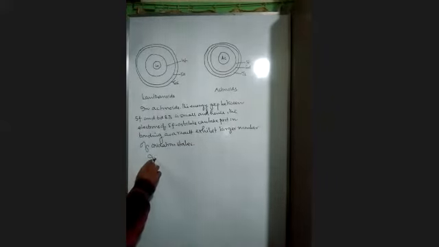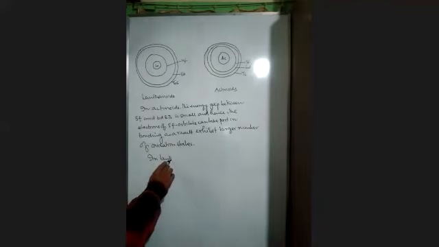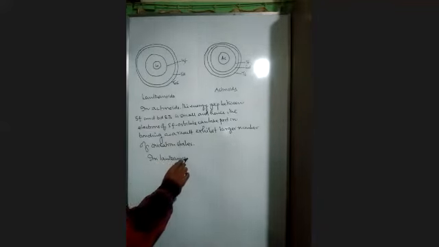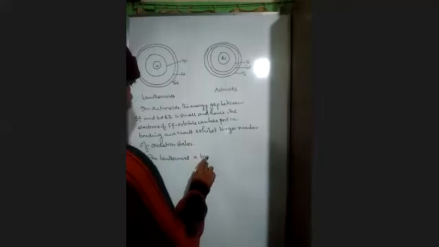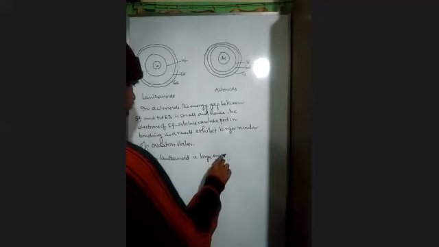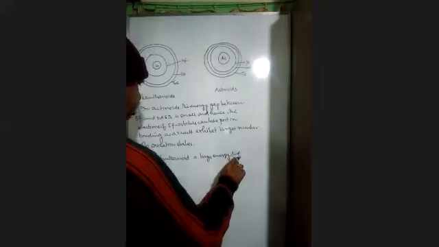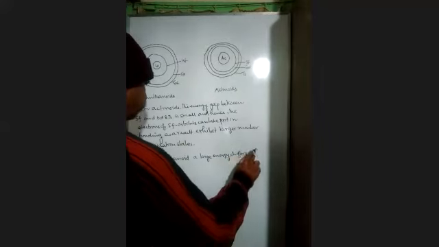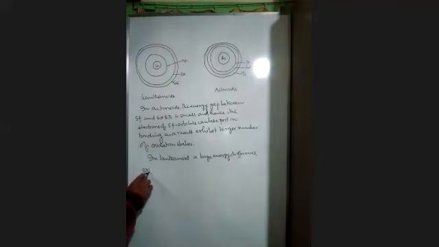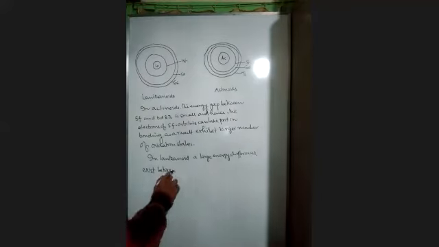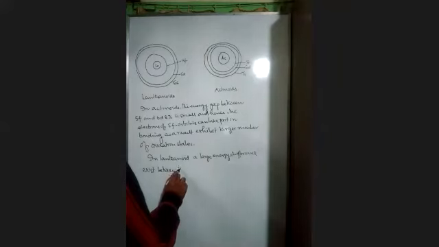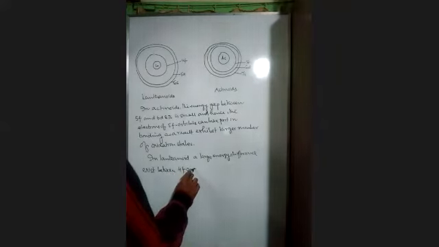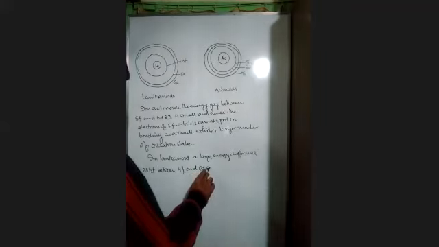In lanthanoids, a large energy difference exists between 4f and 5d orbitals.